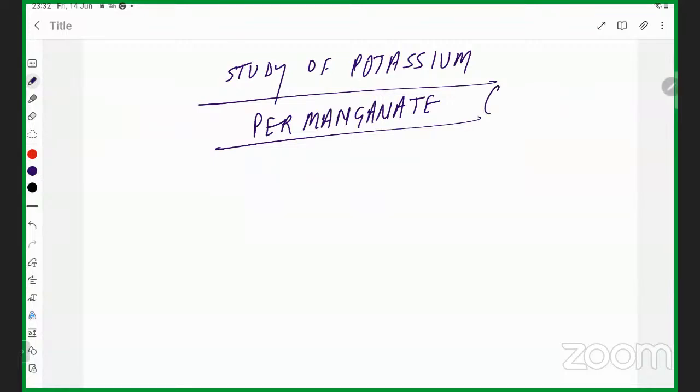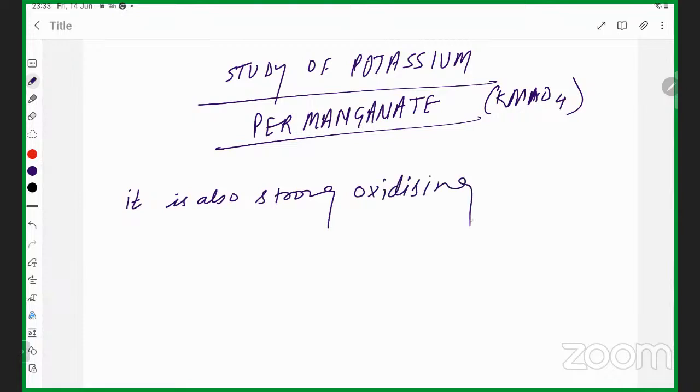That is KMnO4. It is also a strong oxidizing agent. Okay. Now, what we are going to study is the preparation.